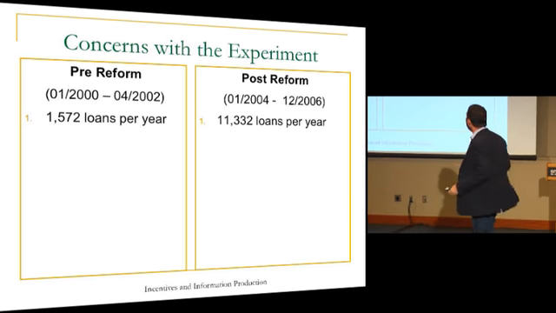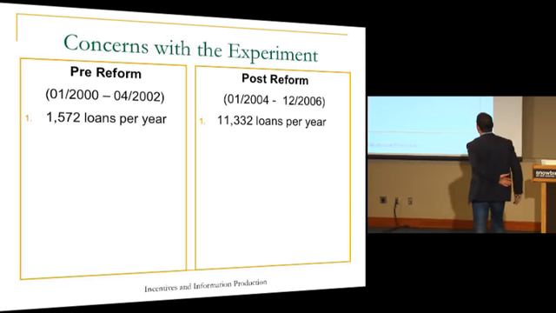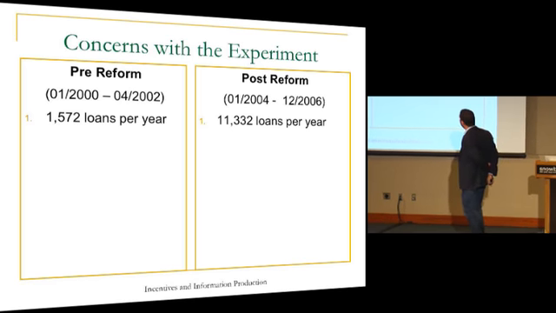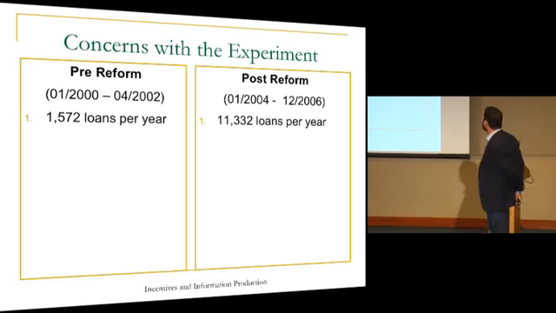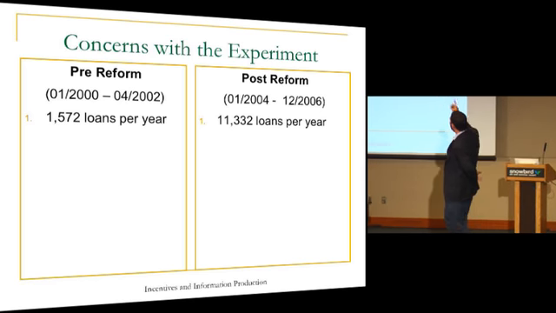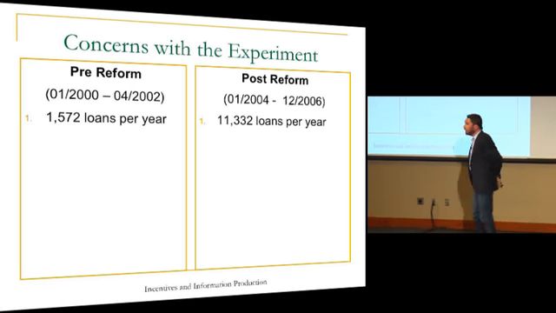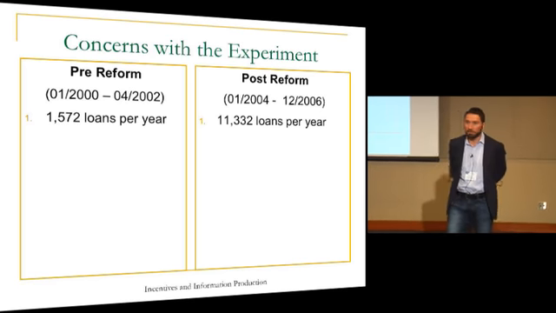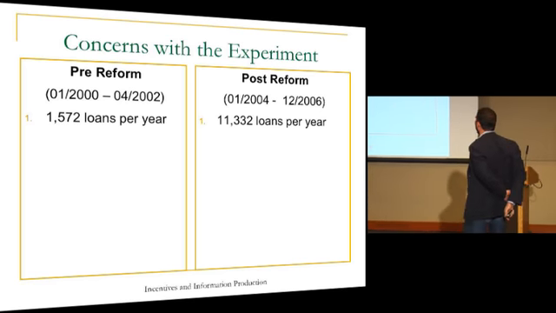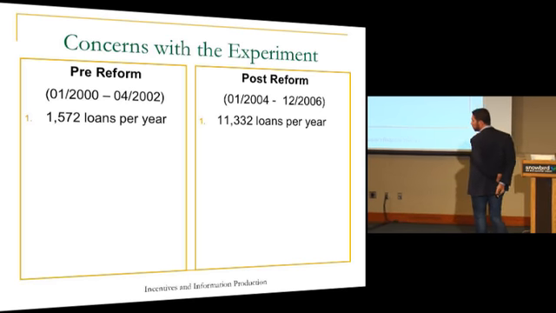One is that there's a lot of things different between the pre and the post-reform period. QJ is probably more aware of these than I am, so I'm not telling him anything new. If we look at the number of loans being issued per year, that number is much higher. I think this is partly to do with the sample being slightly off, so I'm not claiming that fully represents it, but it looks like they're doing a lot more business.